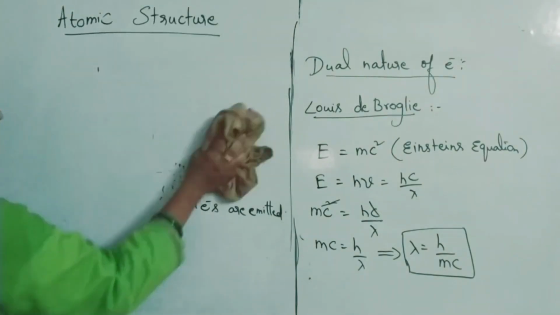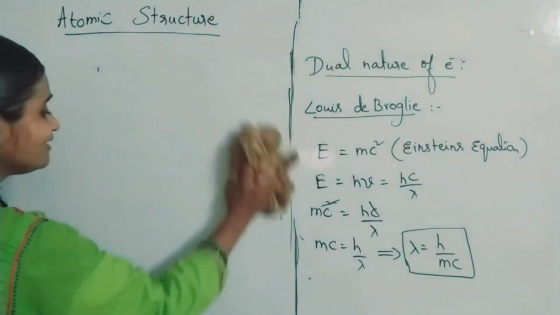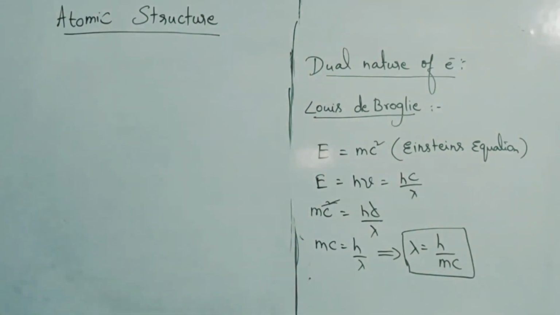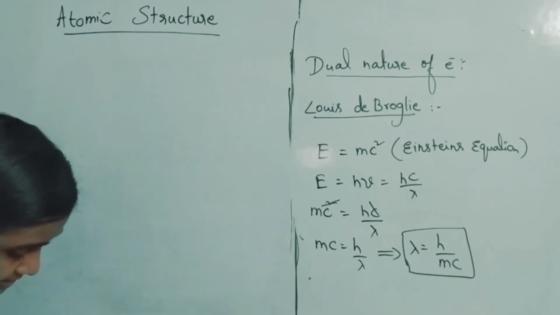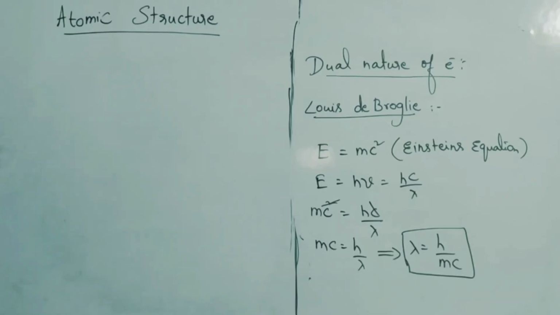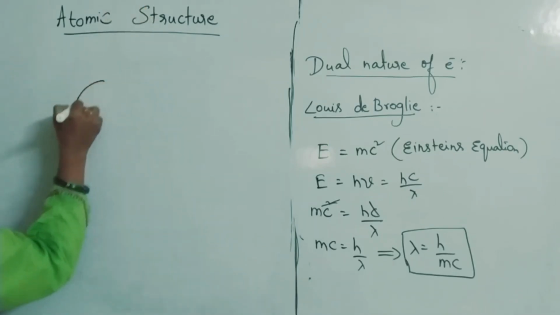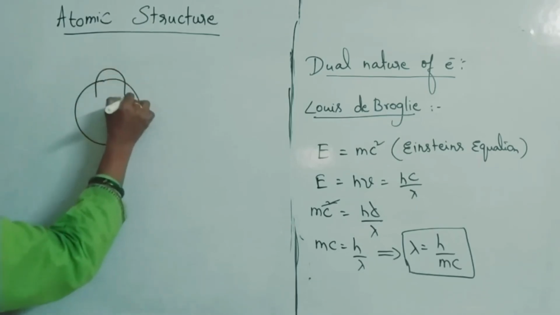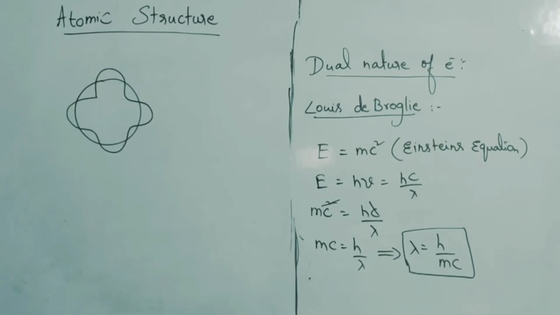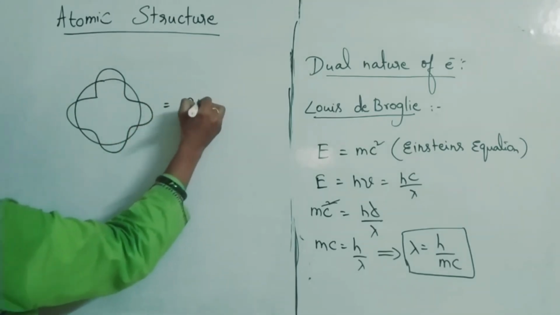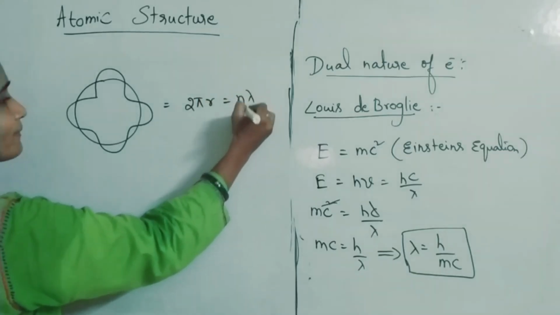So accordingly he calculated Bohr's quantum condition also. Now lambda is equal to h by mv. This is called what? This is called de Broglie's wave equation. So accordingly, if the electron is traveling in the form of a wave, a constructive wave, the circumference of the wave is equal to what? 2 pi r is equal to n lambda.